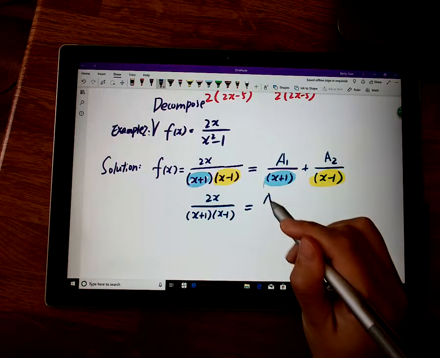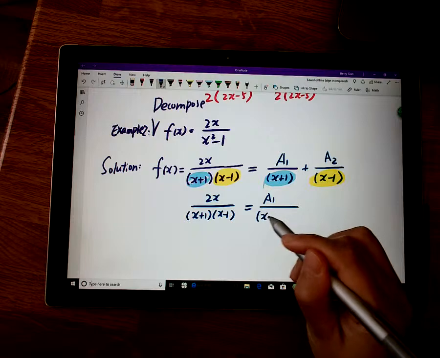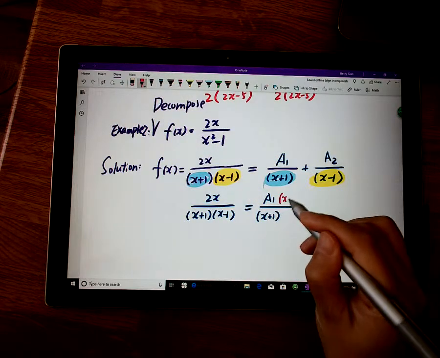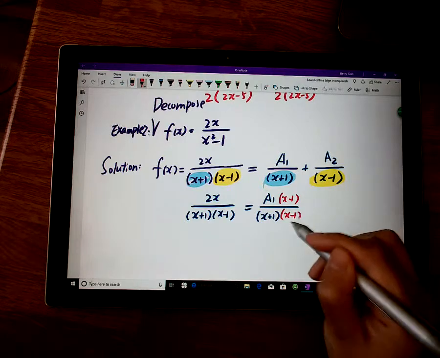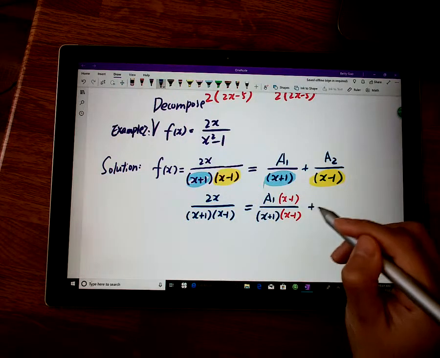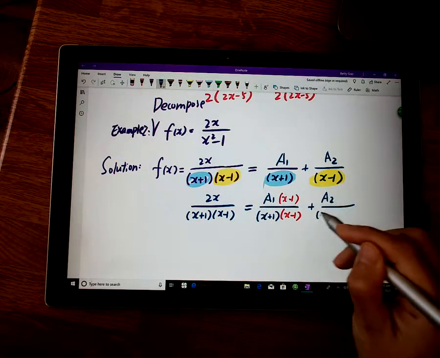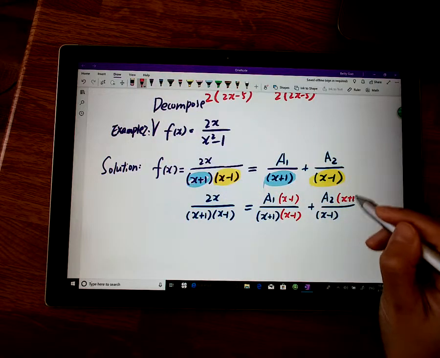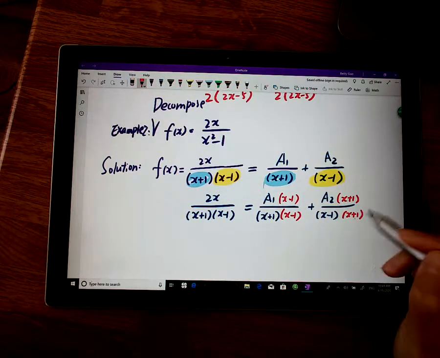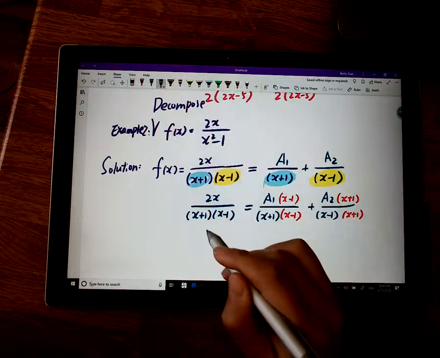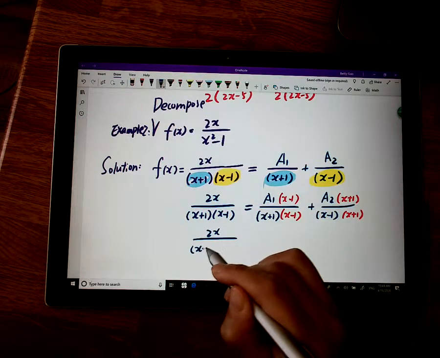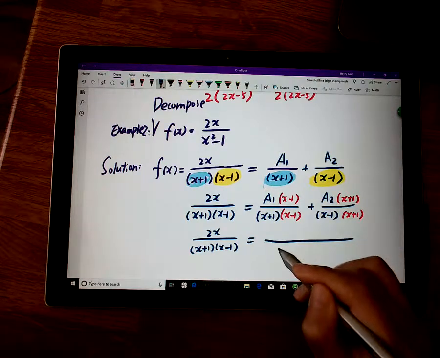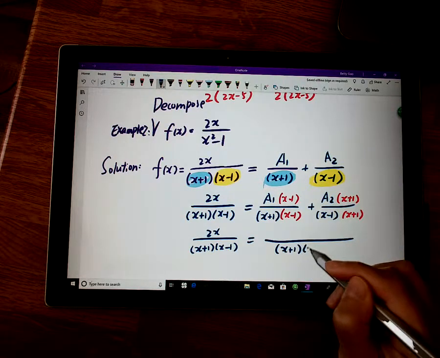So for the first one, in order to get the least common denominator, we are going to multiply both top and bottom by x minus 1. For the second, we multiply both top and bottom by x plus 1.